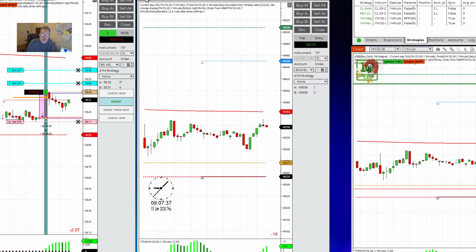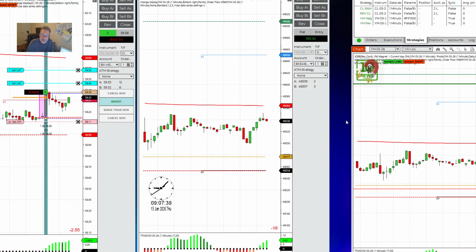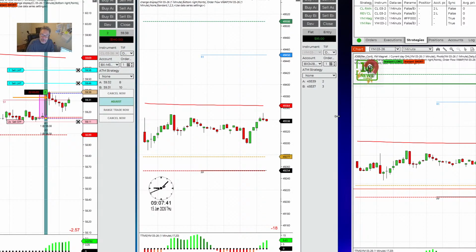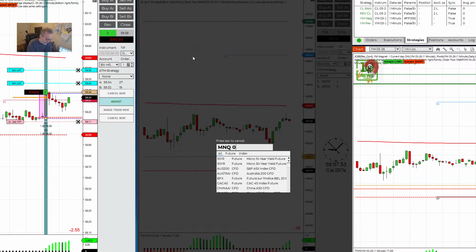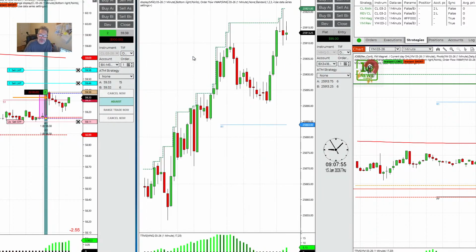Just making room for the NQ open. Changing that chart to MNQ 0326.